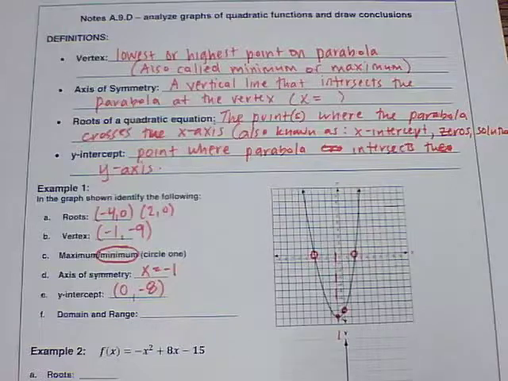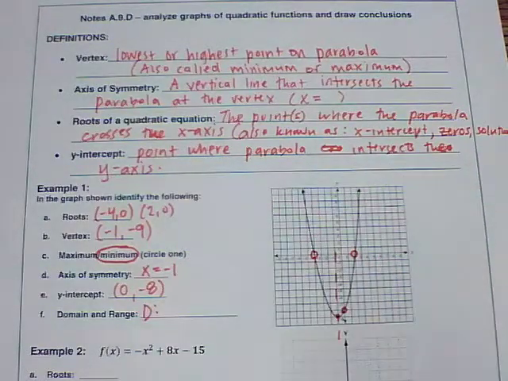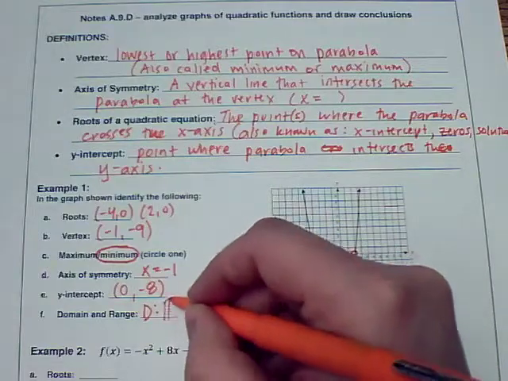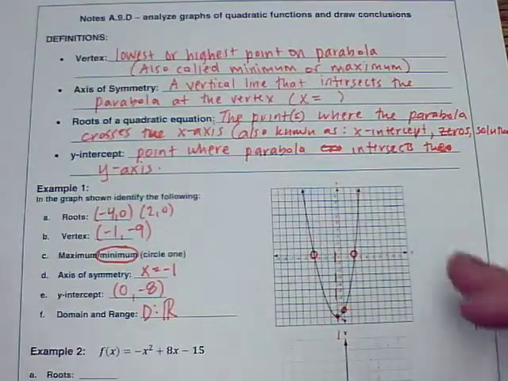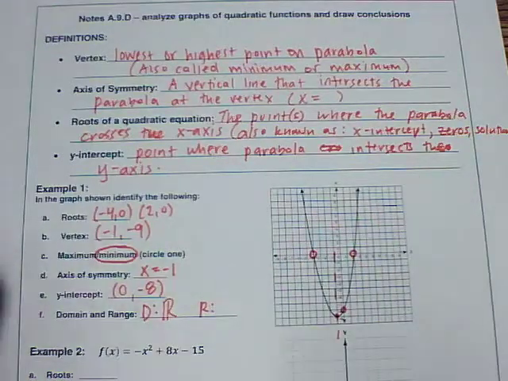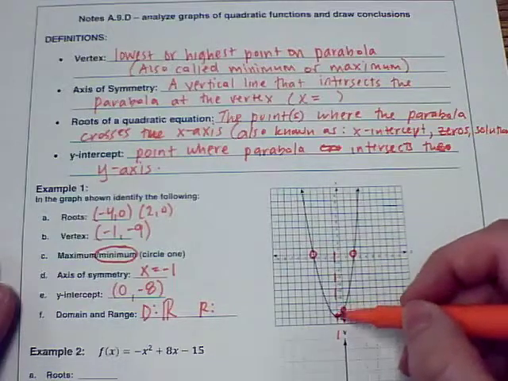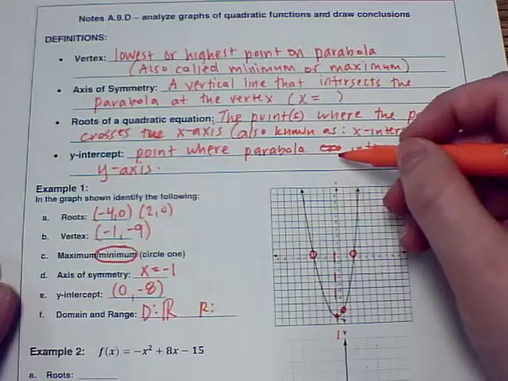And then lastly, domain and range. So we did this before break. Domain, if you recall, all of our domains for parabolas, quadratics, should always be all real numbers unless we're given a particular scenario. Our range, if I look from bottom to top, the lowest point is -9, the highest point is infinity.